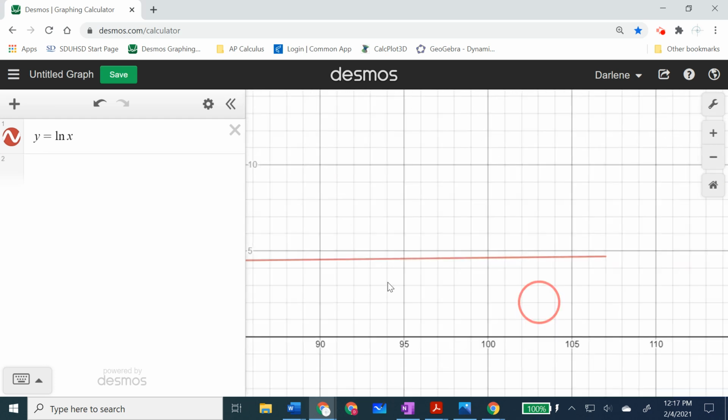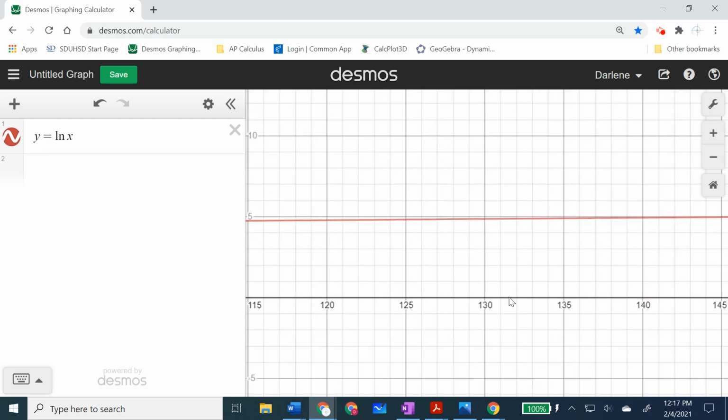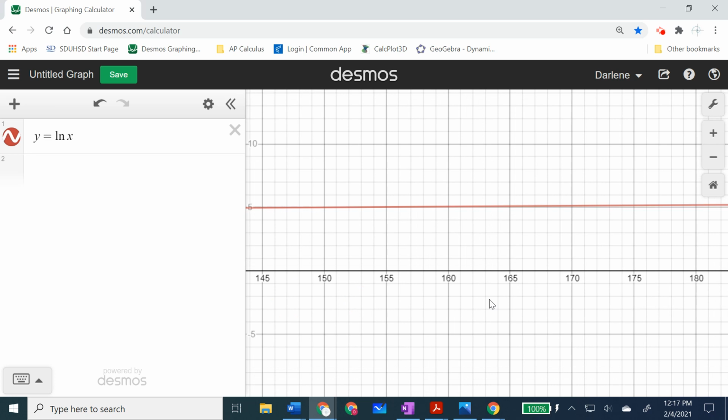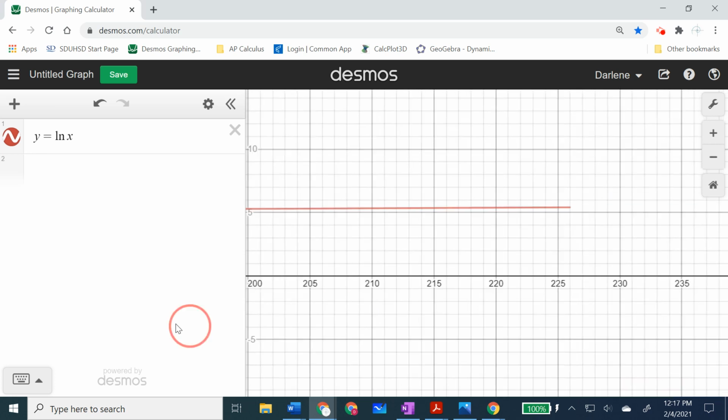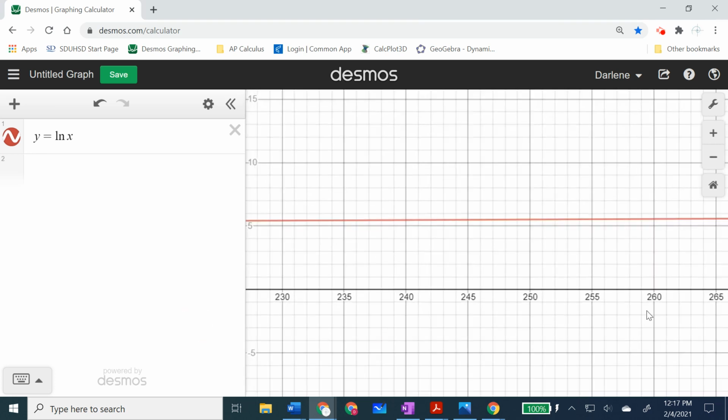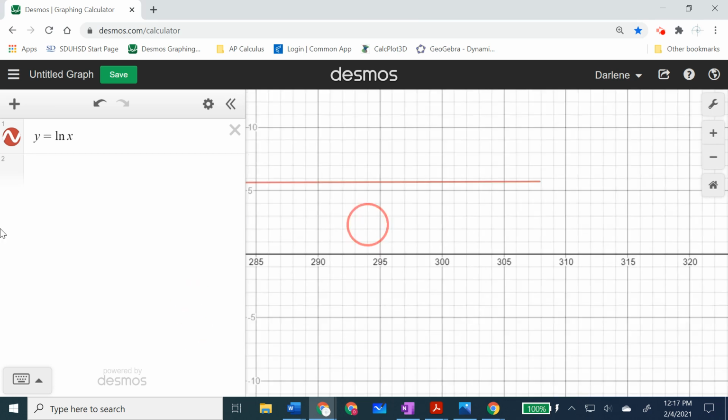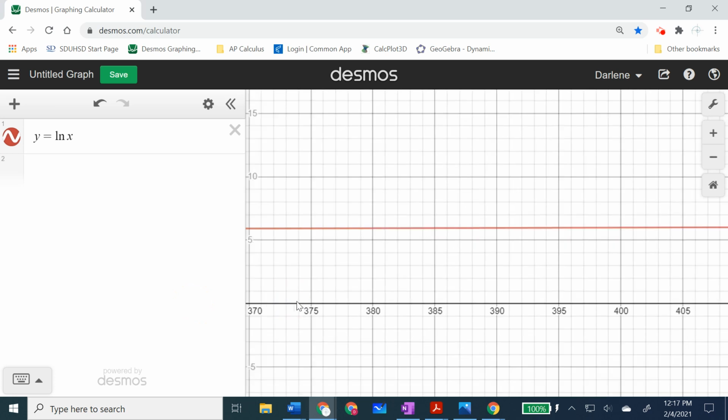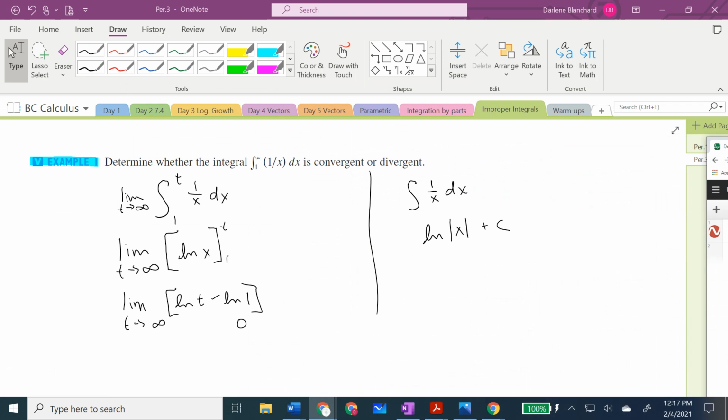Does a logarithm continue to go upward as I head to the right? It does. It doesn't look like it would. If I look at it way out to the right, it looks like it flatlined. But it's basically like watching a snail cross the road. It's so slow, you're like, are you going to make it?